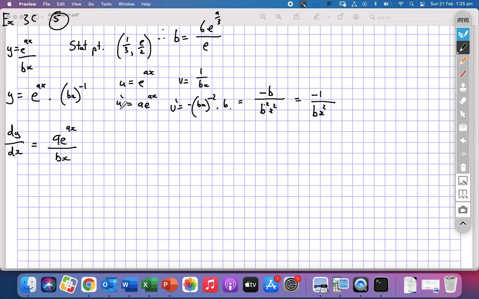It's that one, and then I'm doing this one and this one. We've got a plus normally. However, when we times that by that, we'll have a minus in there. So let's write that in straight away: minus e to the ax on bx squared.